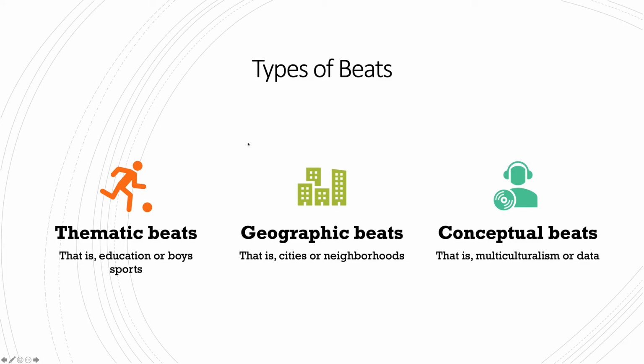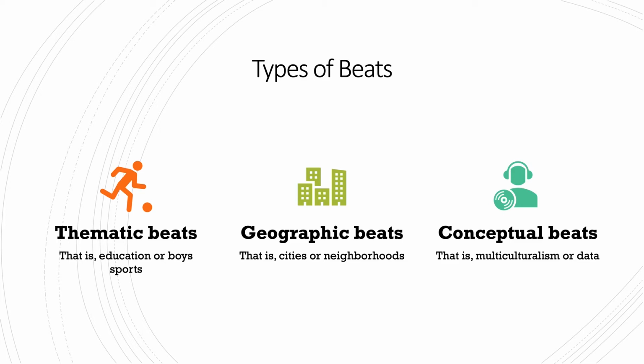So if you've got people who are doing the thematic and geographic beats, and you're in this conceptual beats aspect, you'll get some information from them, and then you'll take it to a whole other level and bring a different angle to it and a different scope to it. It is definitely harder to explain, but these are the bigger picture concepts.